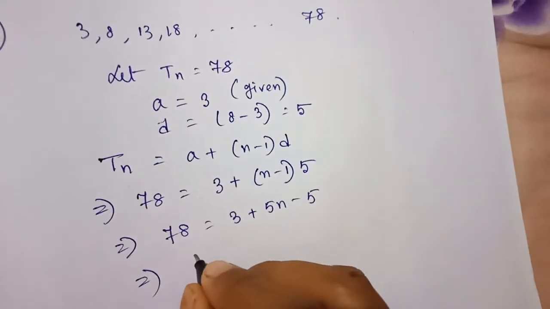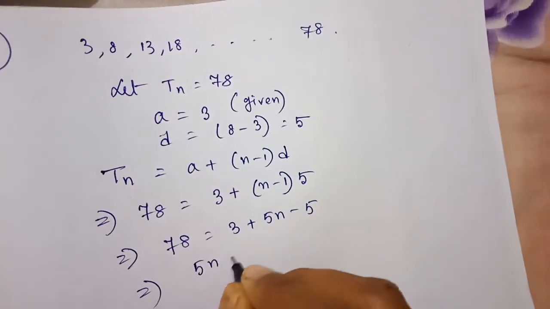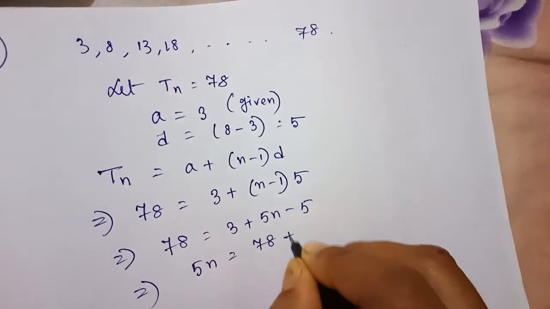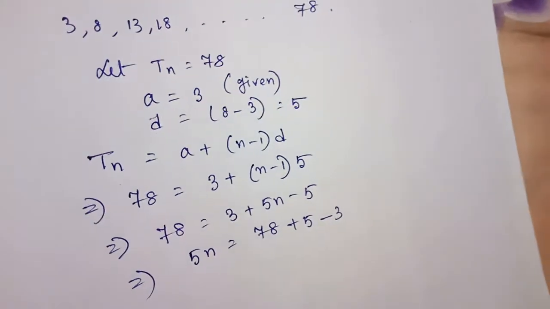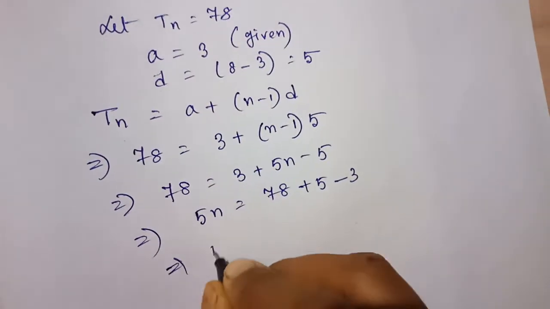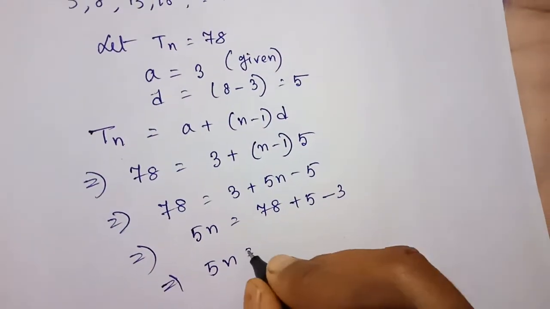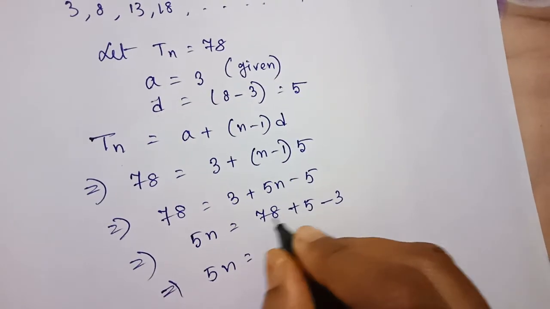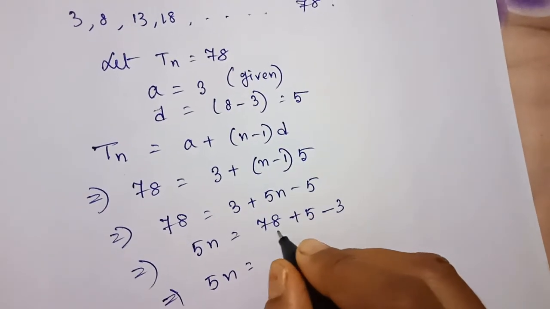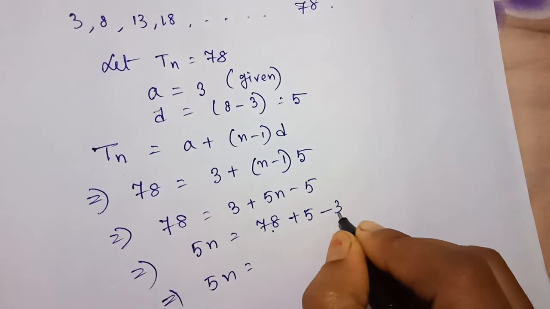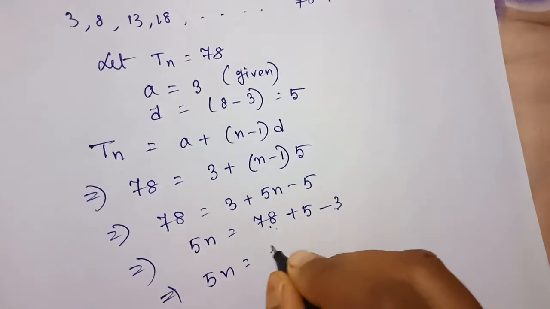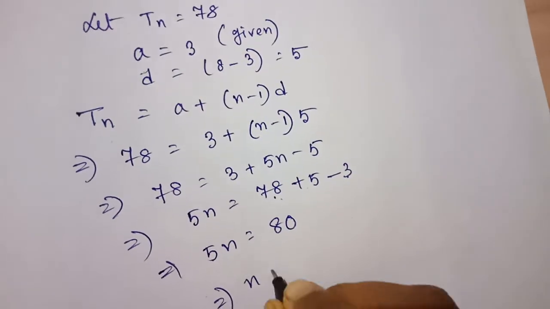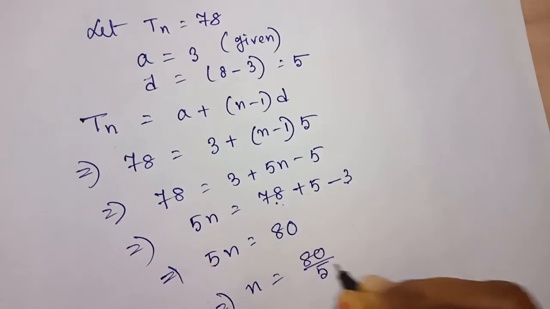That means we can say that 5n is equals to 78 plus 5 minus 3. So finally we are getting 5n as 73. This portion, 78 minus 3, 75 plus 5, that means 80. n is equals to 80 by 5.